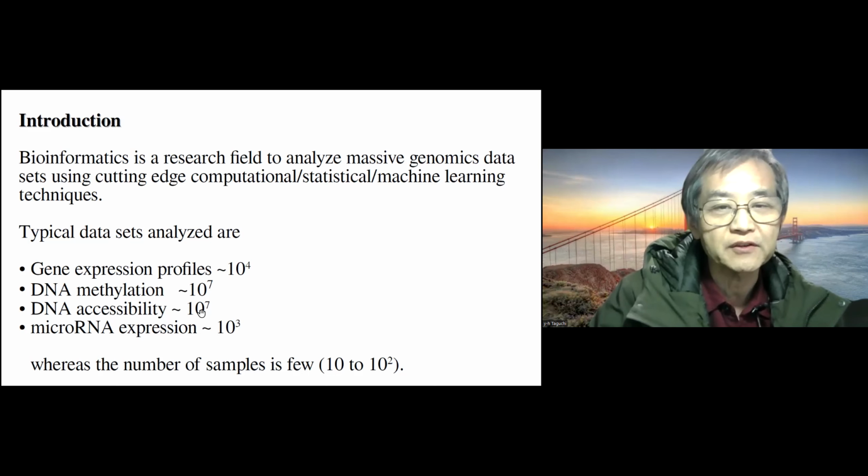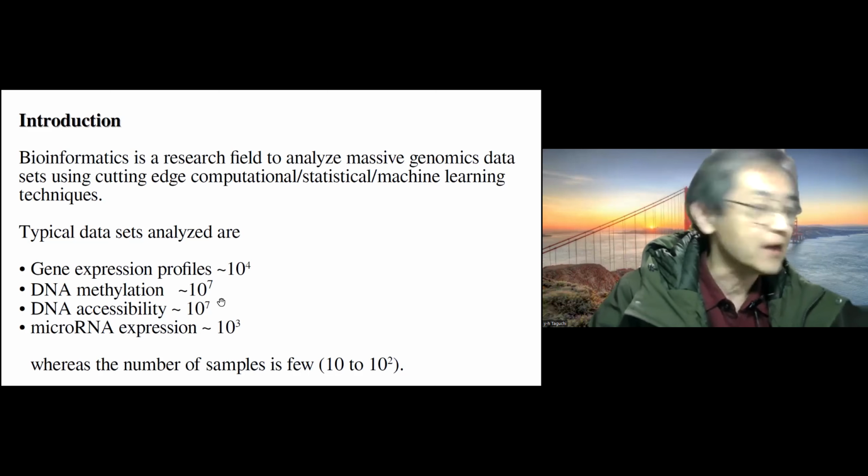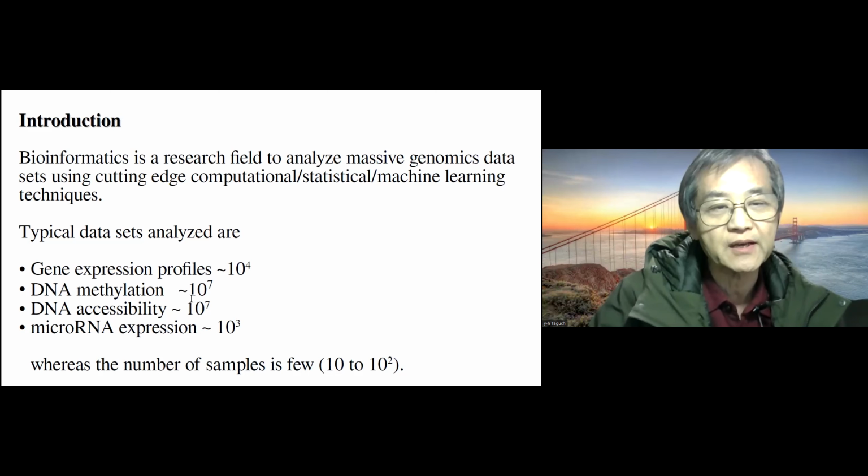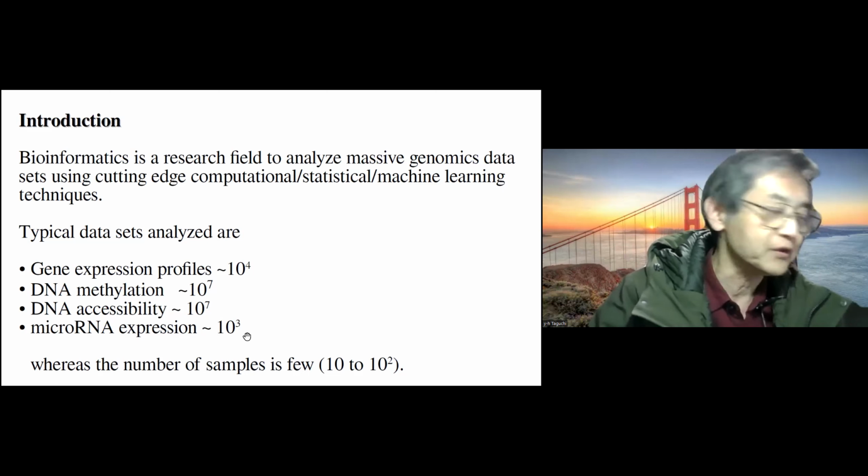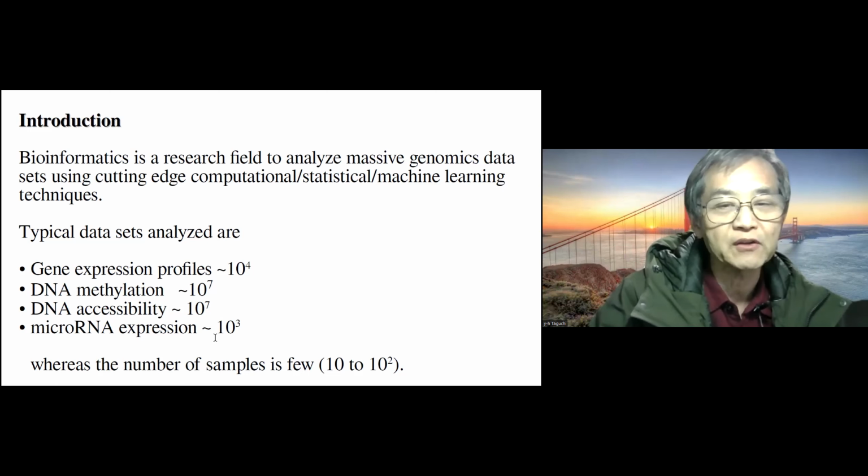The number of genes is typically 10 to the 4. If we consider DNA methylation and DNA accessibility, it is 10 to the 7. And if we consider microRNA, it is 1,000. This is the number of variables in the sense of a machine learning or statistical study.